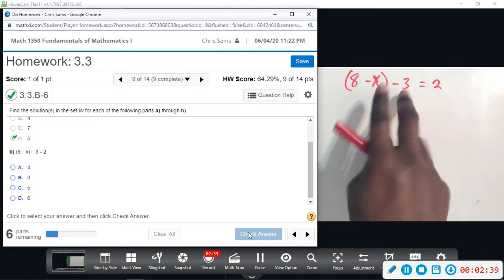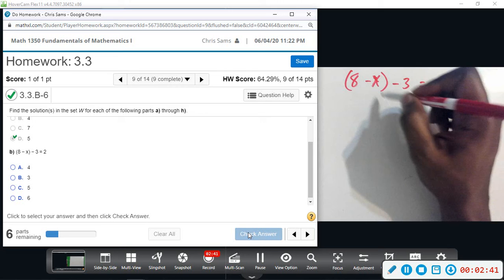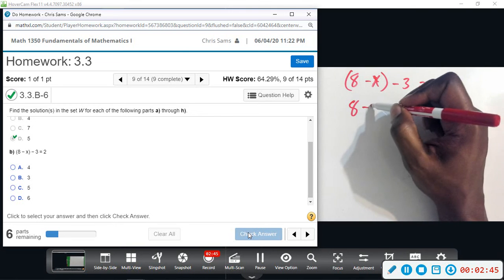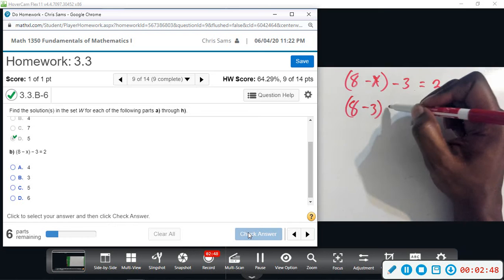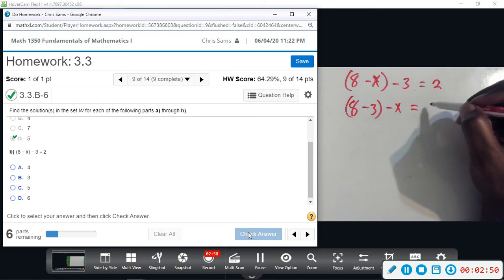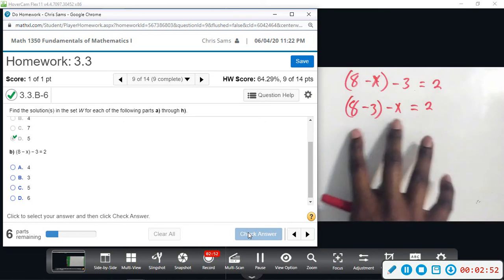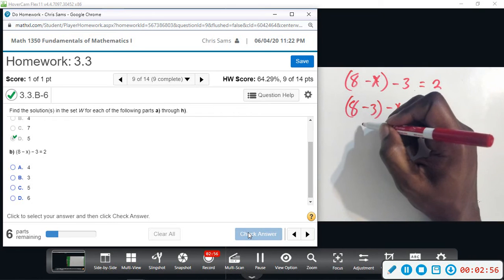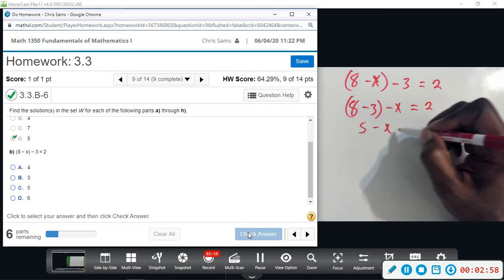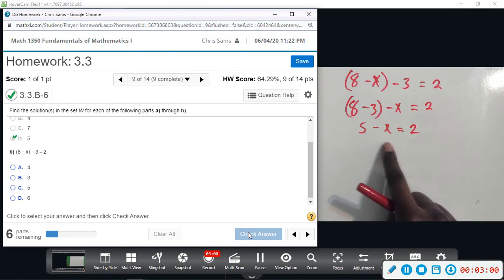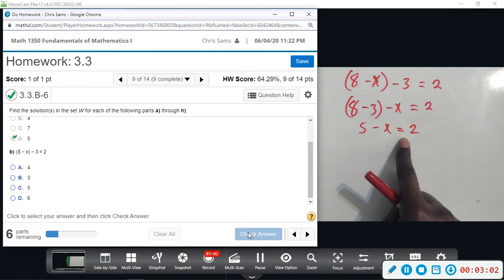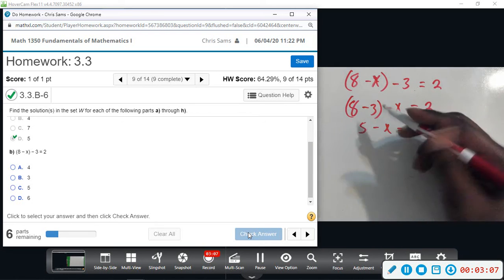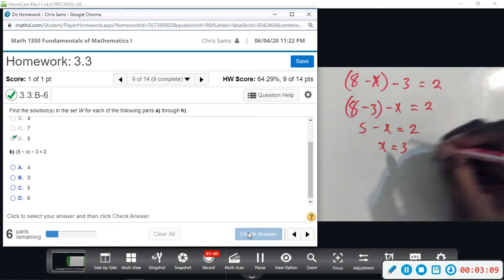We're going to kind of just switch the order, associative and commutative property all together. So we're going to rewrite this as 8 minus 3 and then subtract x and say that that equals 2. So this is a method they want you to use, and this will give us a difference of 5. And now it's kind of easier to see the solution when we're dealing with smaller numbers. So 5 take away what is 2, and then we can figure out that x has to be equal to 3.